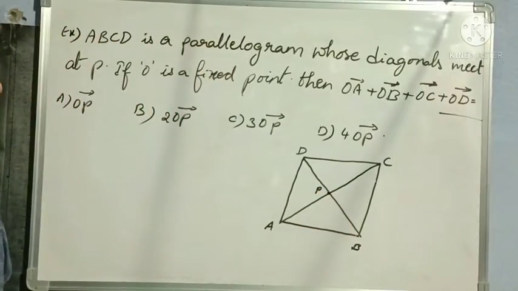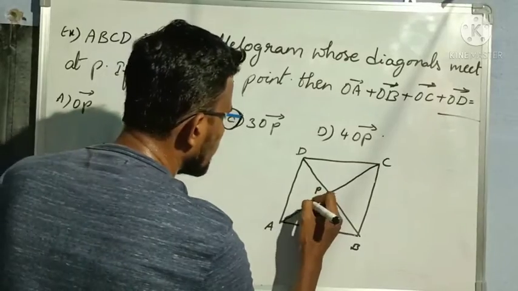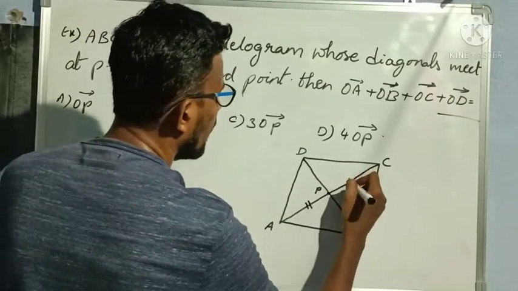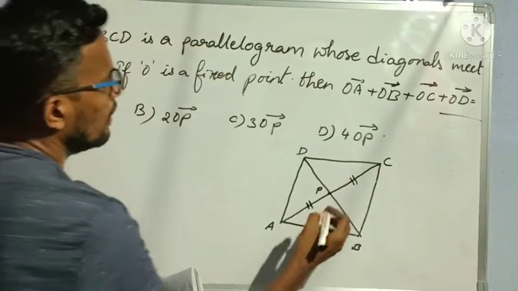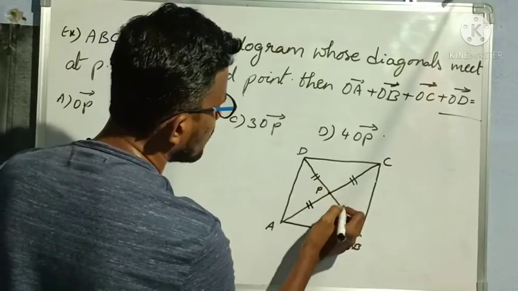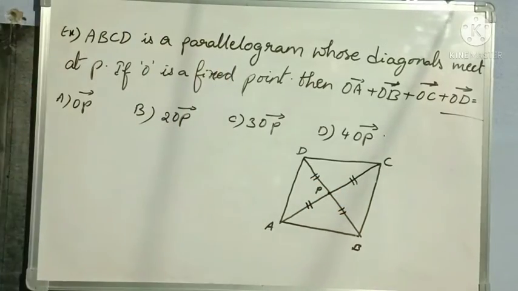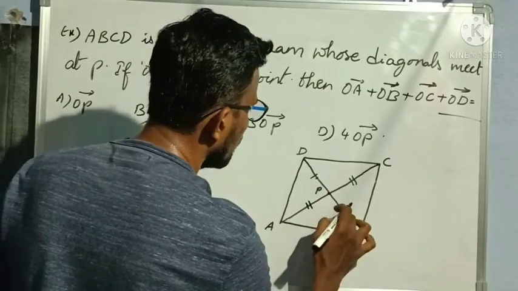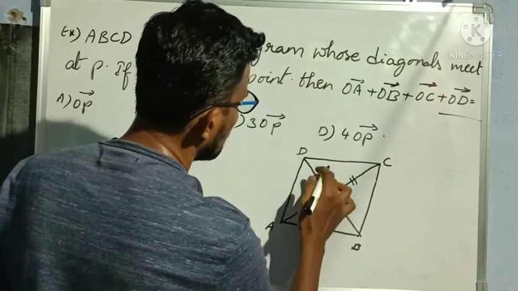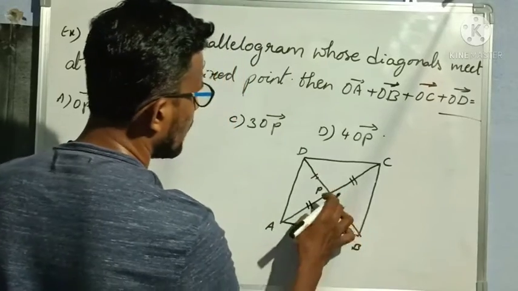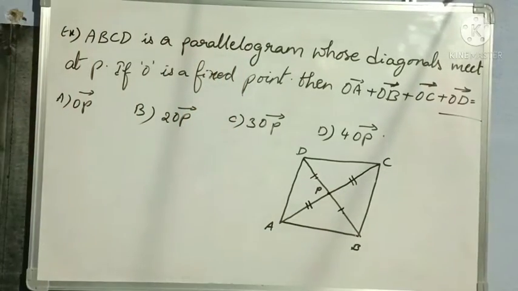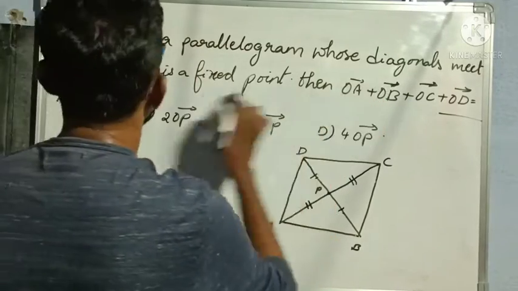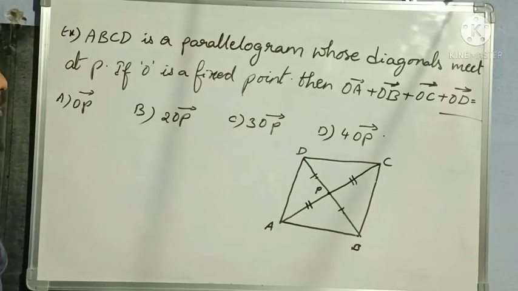And very important is that diagonals bisect each other, means length of AP is equal to length of PC, and in the same way length of DP is equal to length of PB. Understood? This is the first mark, and this is two marks, means this length is equal to this length and this length is equal to this length.